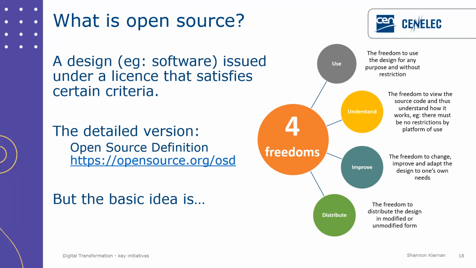The freedom to improve it, which might mean general improvements that everybody can use, or it can mean specifically adapting it for your purposes, for example, to integrate it in your environment. And finally, the freedom to distribute it. You can distribute either the original version, or you can redistribute your modified version. And all of this, of course, is for free. So very different to what we do today.